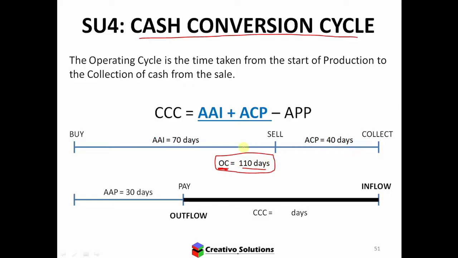All right. The nice thing about APP is it describes the relationship between you and your creditor when stock is acquired. So for example, let's assume I buy stock, but it's not for cash, it's on credit. If I'm buying stock on credit, then I have a certain amount of time in order to pay.